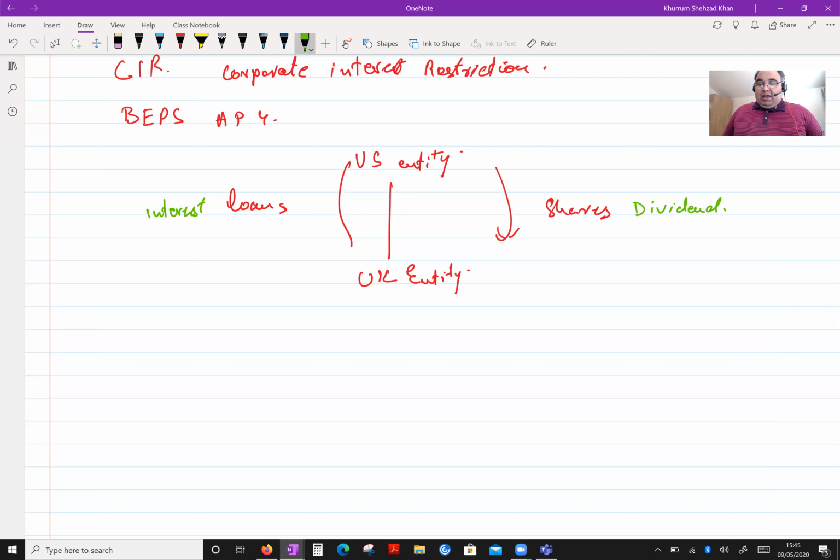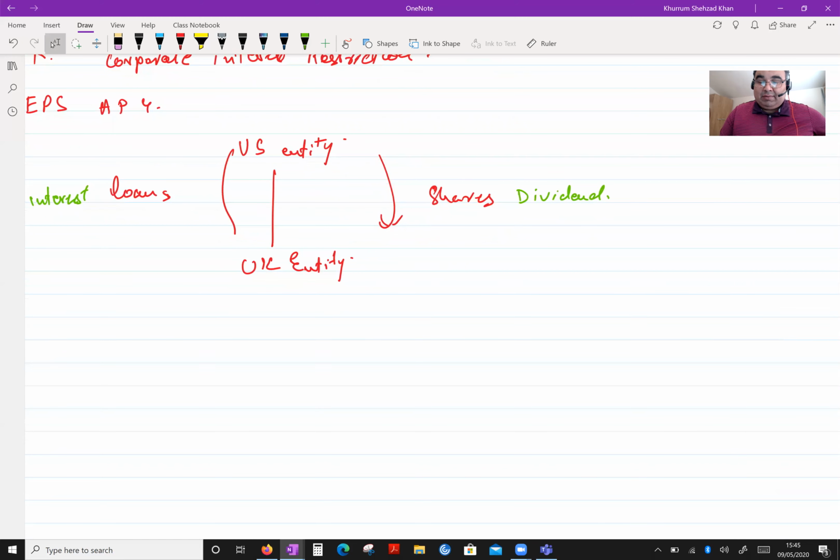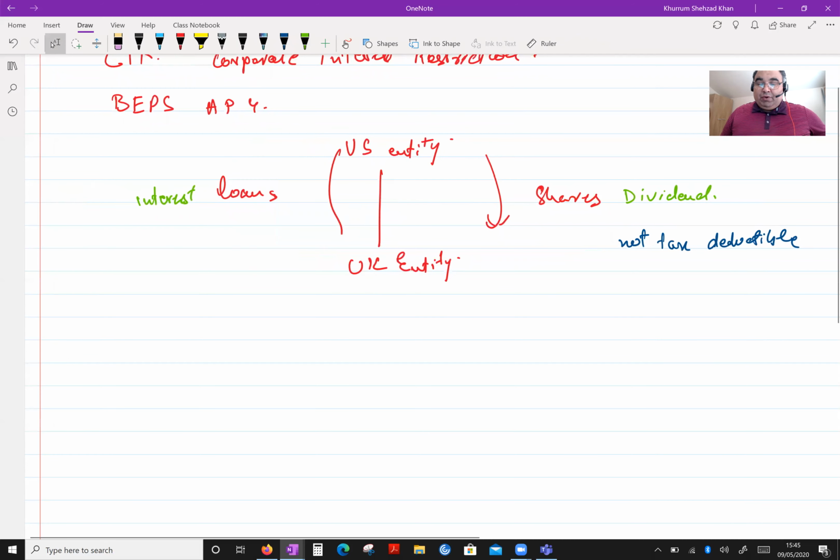Now, if the UK entity pays dividend to the US entity, that's not tax deductible, so you cannot deduct the expense in your tax computation. However, if the US entity gives loans to the UK entity, then the UK entity can pay interest on that loan, and that interest is a tax deductible expense.